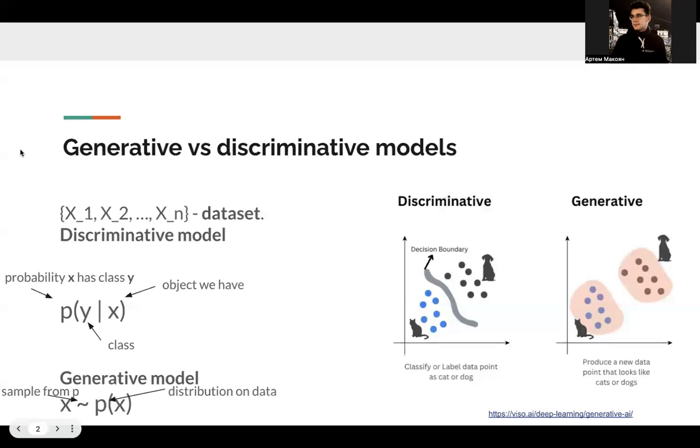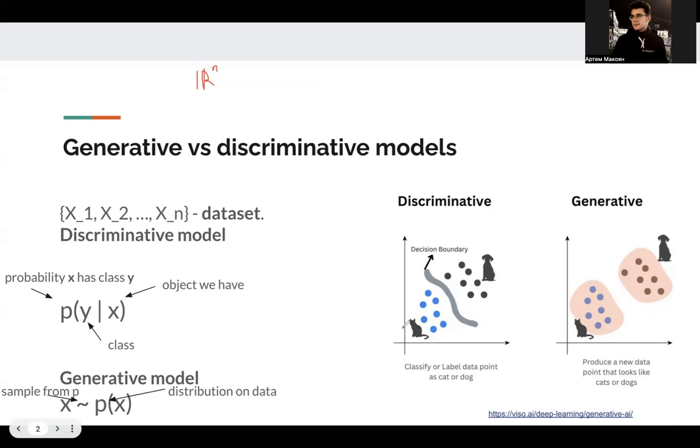Because when we generate images, if we have samples in R^n, they can be really strange images, random pixels. But we want to generate real images with dogs, with cats, with people. So the probability of real images should be higher than the probability of some trash like random pixels or a fully white image. That's why it's important to have a distribution.